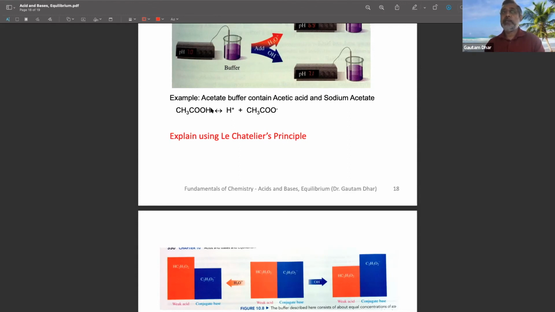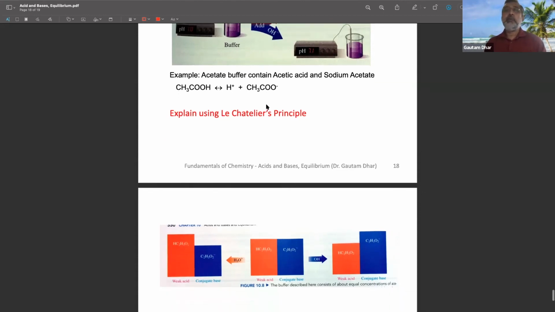So you need this weak acid to react with the base, and you need this salt to react with the acid, sponging out any excess H plus and OH minus that you're adding. And that is buffer action.